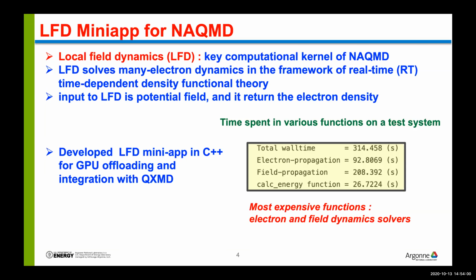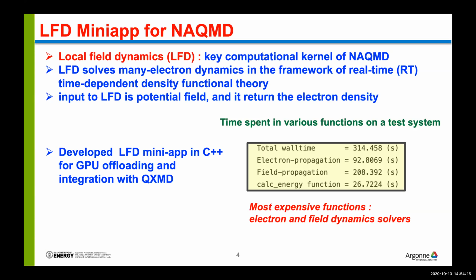The local field dynamics solves electron dynamics in the framework of real-time density functional theory using local pseudopotential and local gradient exchange correlation potential, where the input to the LFD is the potential function and it returns electron density.